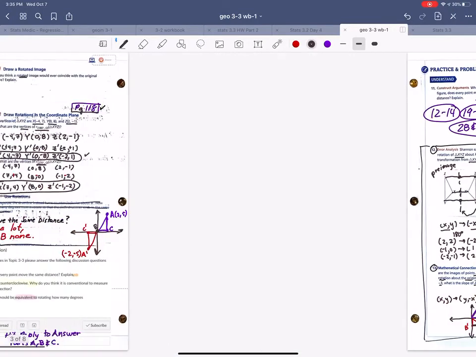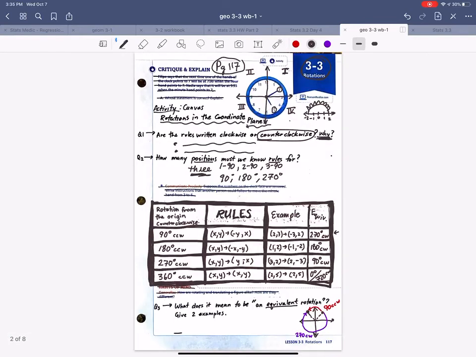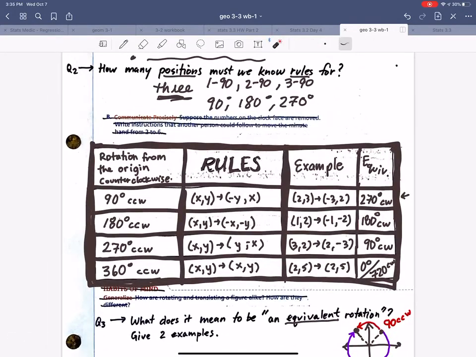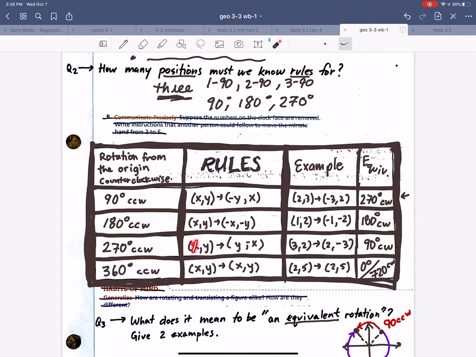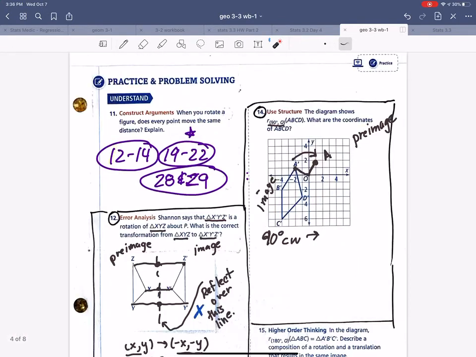Okay, so what's equivalent to 90 degrees clockwise? So if I look at my notes, we said 90 degrees clockwise is the same as 270 counterclockwise. So I can use this rule because 90 degrees clockwise is this rule, just like 270 degrees counterclockwise is that rule. So it looks like the X and the Y change spots and the X is negative. So let's use that one.